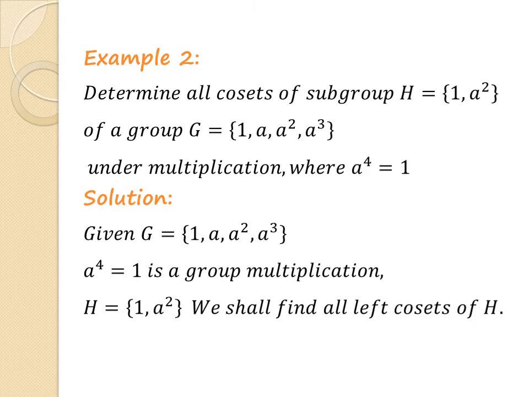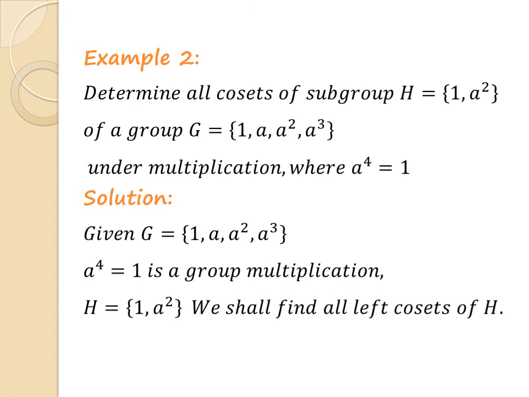So we need to find the cosets of the subgroup in the main group G under multiplication, where it is given that a⁴ = 1. Whenever you get a⁴, we must replace it with 1. Now the solution.